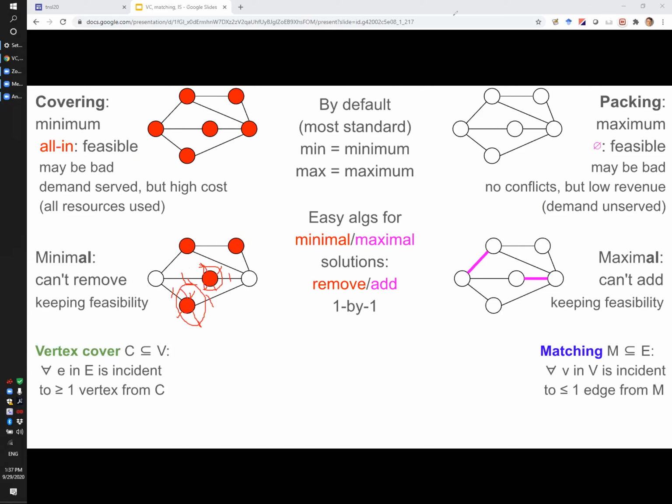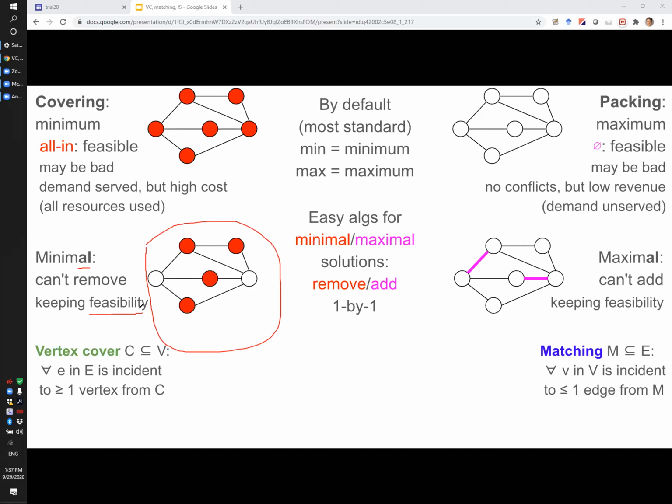So this vertex cover is therefore minimal because you cannot remove anything from it without violating the feasibility, the property of the set being a vertex cover, without leaving an edge uncovered.